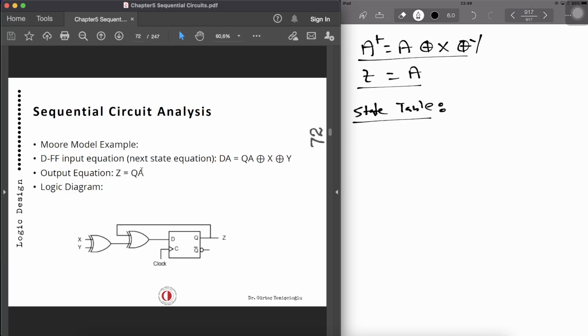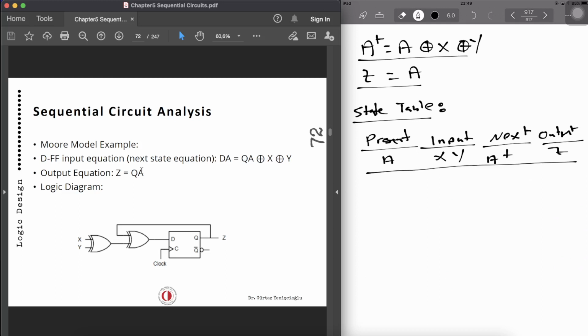So with the state table, we have got present state A, we have got input XY, we have got next A plus, and output Z.